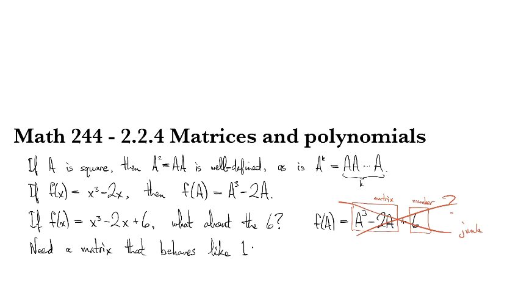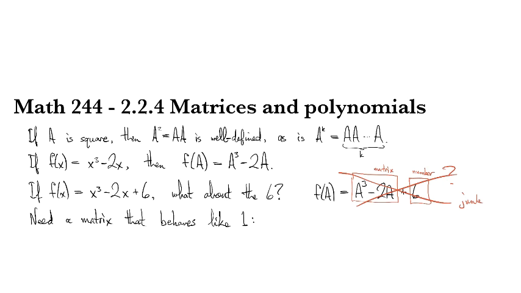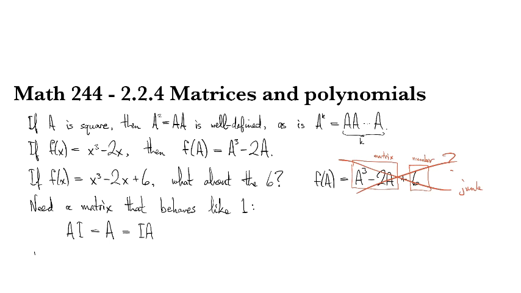And what I mean by that is we need to have a matrix that has the property that if you take A and you multiply it by this matrix, then it's like nothing happened. And since matrix multiplication is not commutative, we need to specify that it works like this no matter which side you multiply by. And so suppose we have the matrix 2, 1, negative 1, 3.